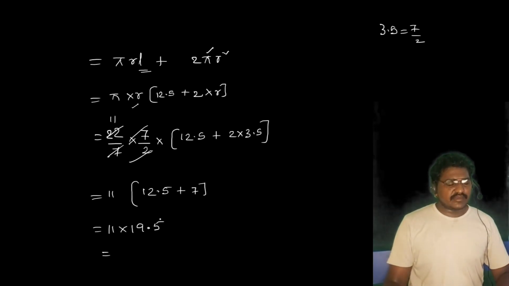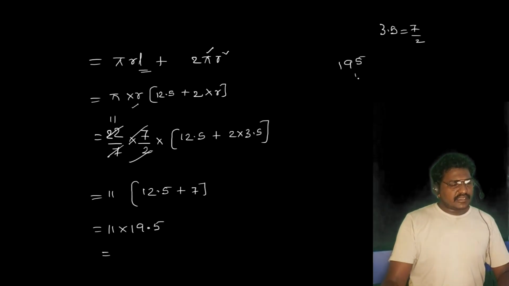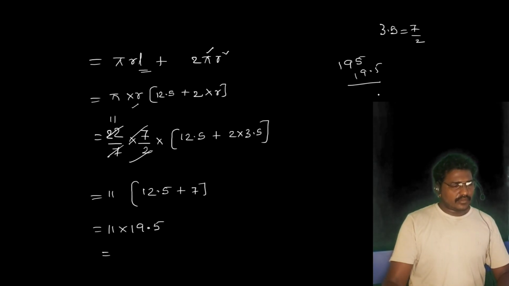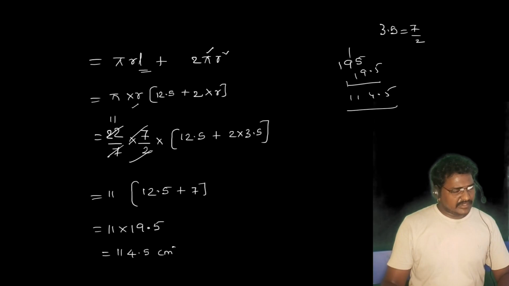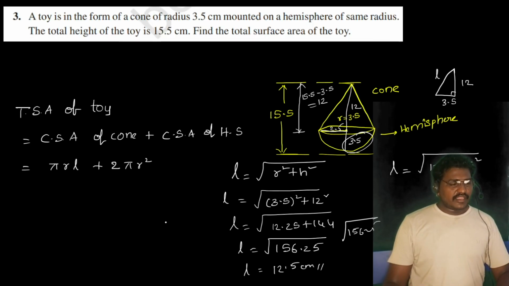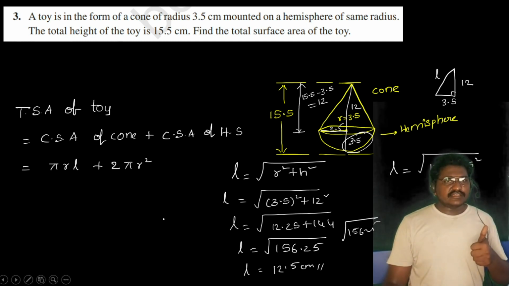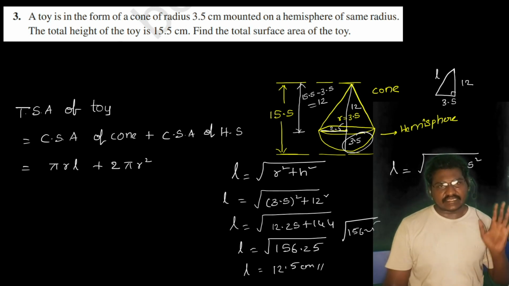How do we do 11 times 19.5? 195 plus 19.5, so it will be 214.5 centimeter square. That's it. If you know the formulas, it will be very easy to find all the problems in this entire exercise or chapter.